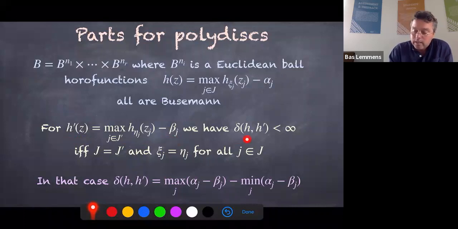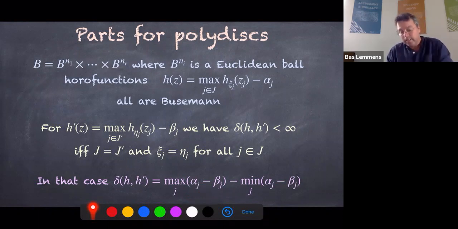Well, these are in the same part, so their detour distance is finite if and only if j is equal to j prime and the psi j's are equal to the eta j's. But potentially the alpha j and the beta j can be different. That's the only thing that can be different. And in that case, you can compute the detour distance, namely it's the variation norm of this vector. So it's the maximum of the difference between alpha j and beta j minus the minimum of that difference. Okay, so it's like a variation norm.